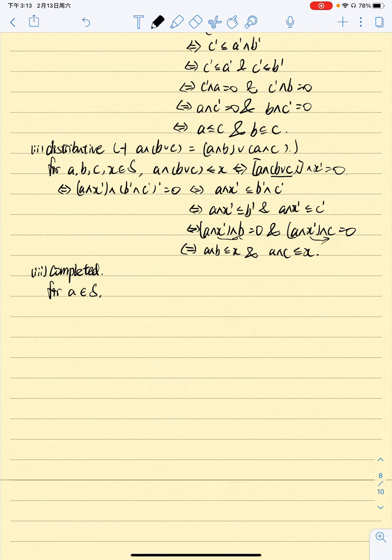Because A is smaller than A, then we can get A and A prime is 0. And A or A prime equals A prime and A double prime, right?